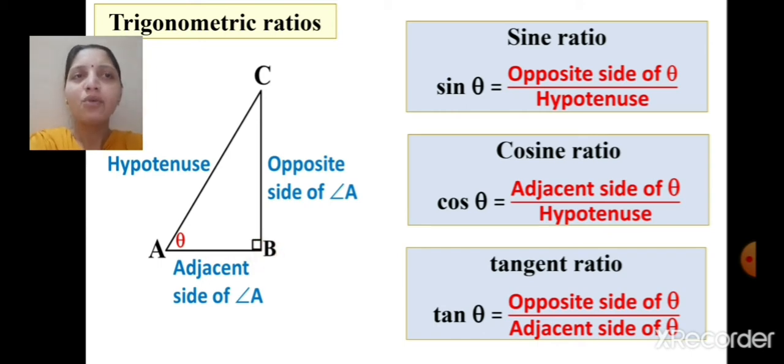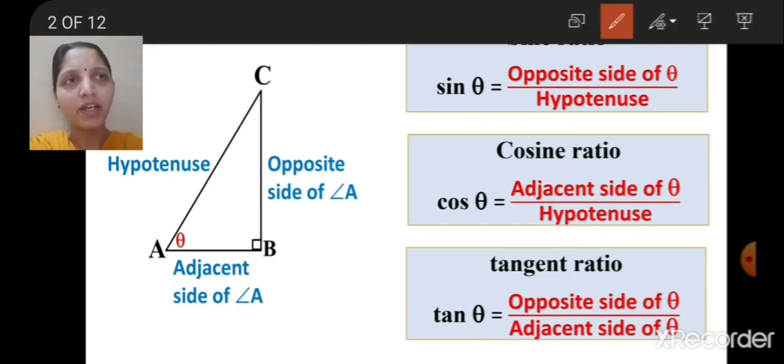Now, how to remember these formulas? For that, if you search on YouTube, you will get many ideas. If you want, I can give you one idea. Consider the initials of the ratios. If you are considering sine theta, then you have to consider O upon H. So how to remember it?